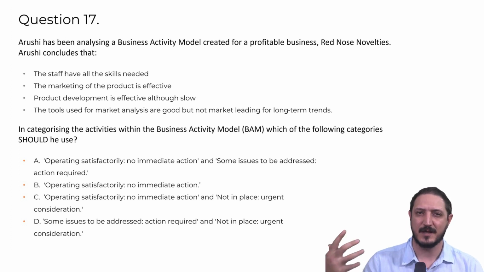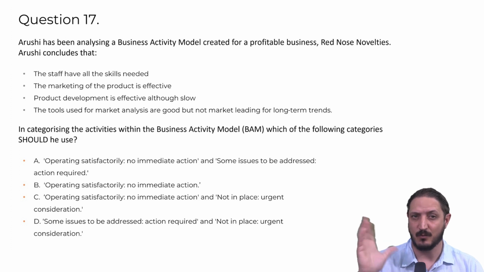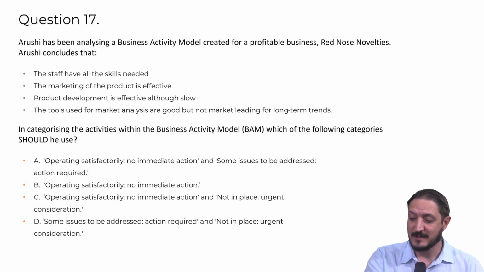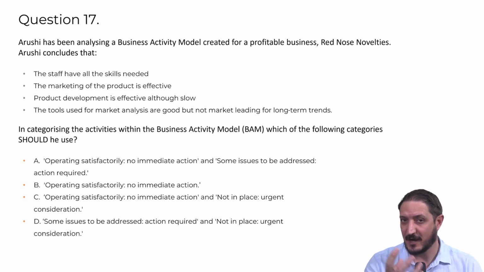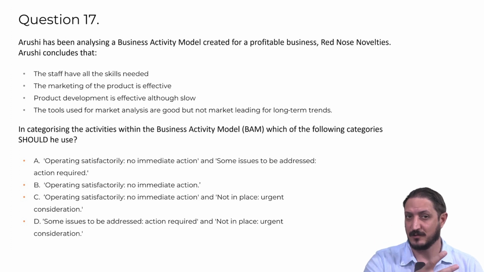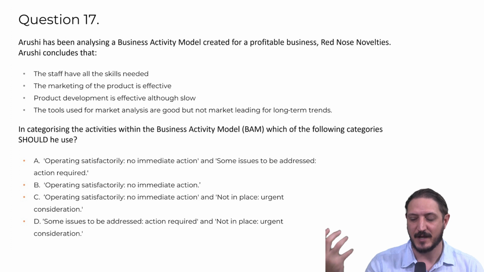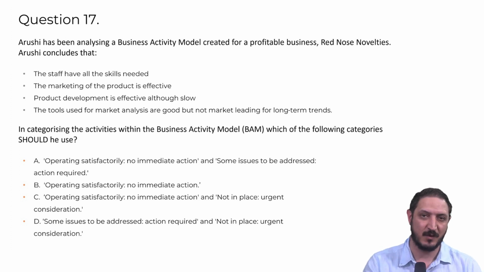It allows us to think about the activities and what is taking place in the organization. So when we are inspecting and evaluating these activities against the current situation, because we need to look at what we are currently doing and how it needs to change, we can actually categorize all the activities that are in our business activity model.